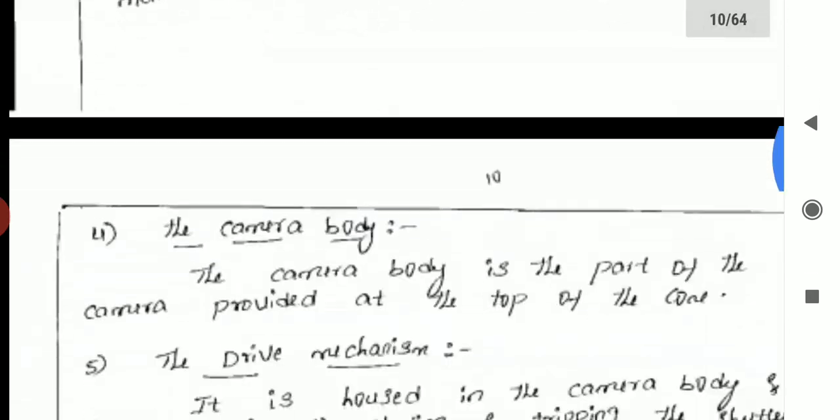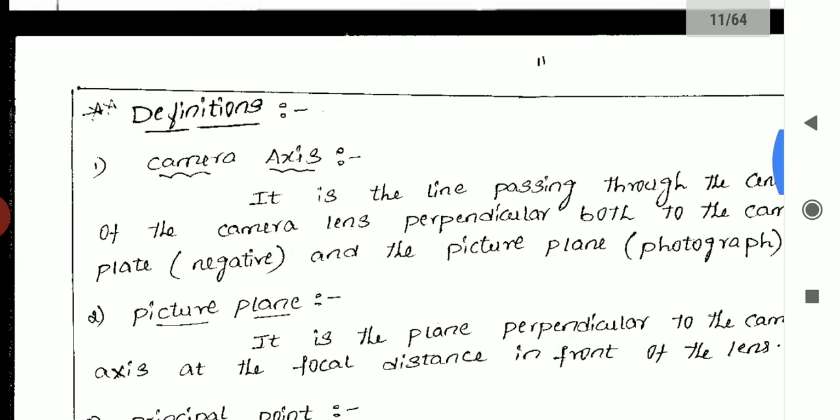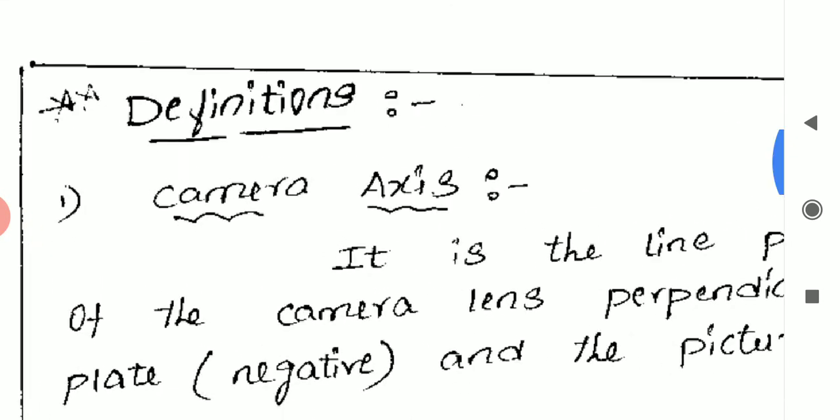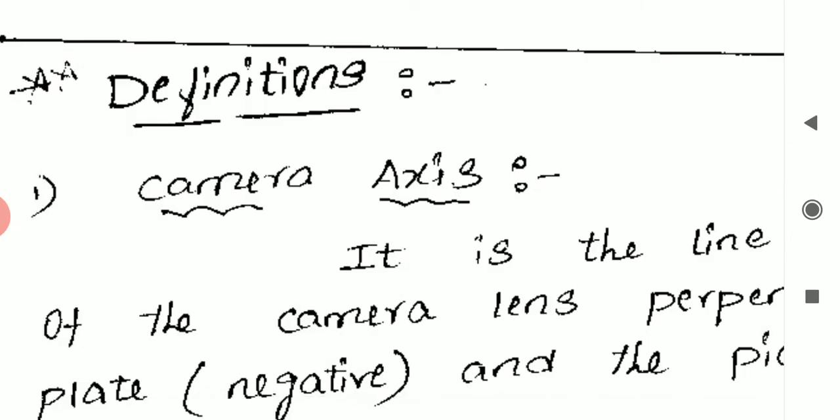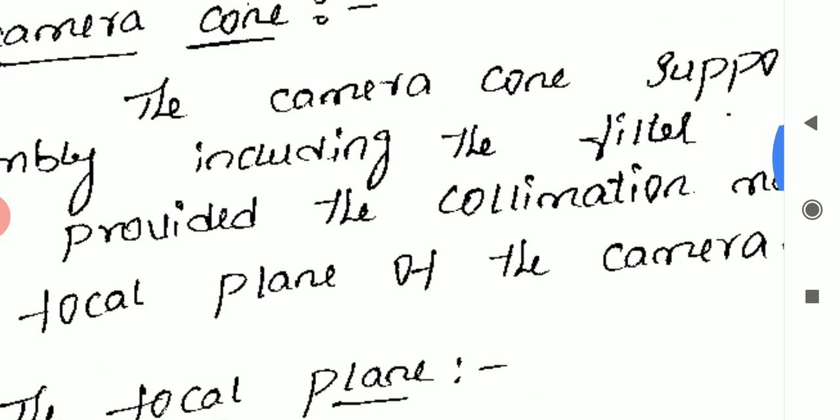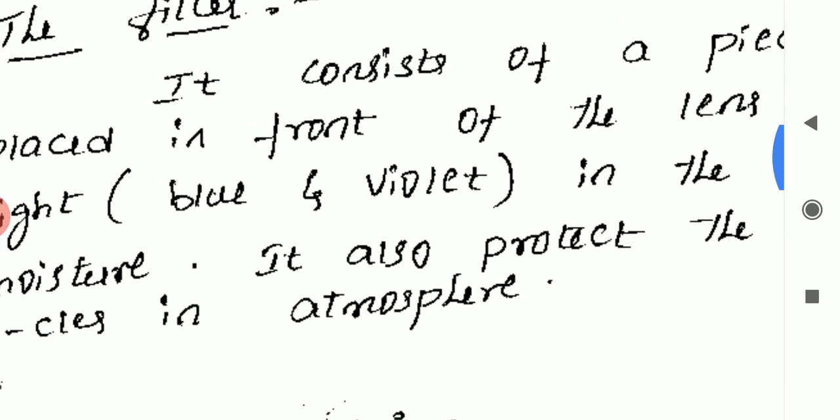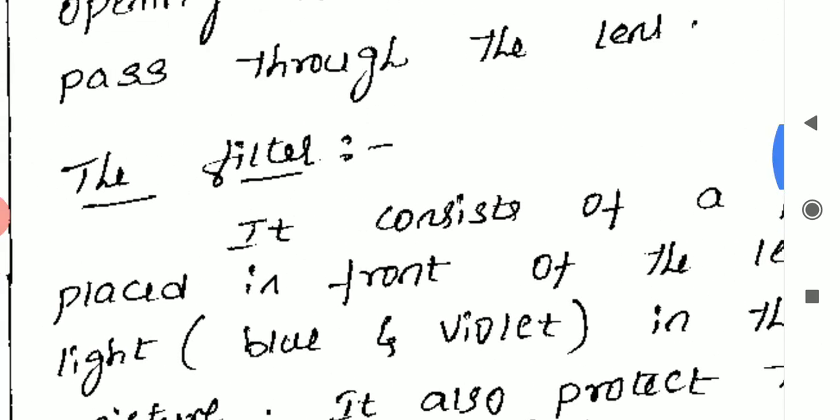So we have to discuss some definitions of common words about aerial photographs. Camera axis: it is the line passing through the center of the camera lens perpendicular to both the camera plate, the negative, and the picture plane. Negative is nothing but the photo.